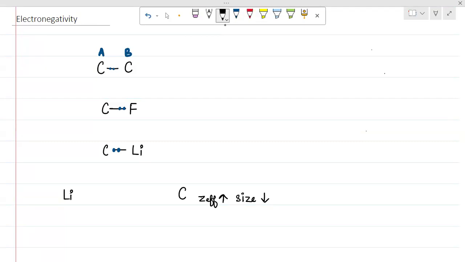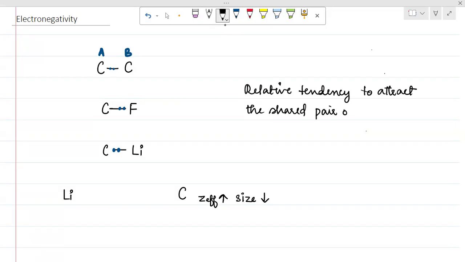So I hope you understand by now that electronegativity is a relative tendency. Please note it down. This is a relative tendency to attract the shared pair of electrons towards itself.